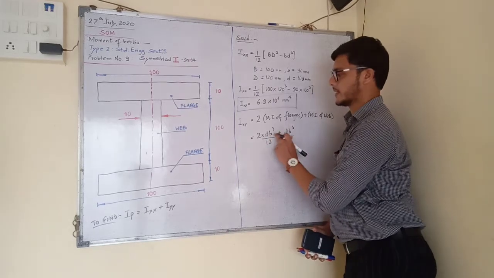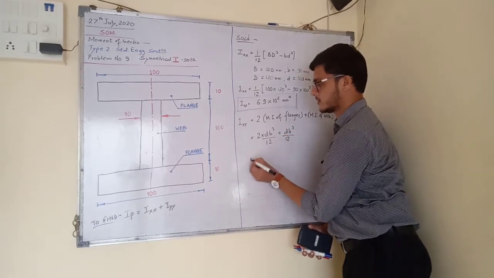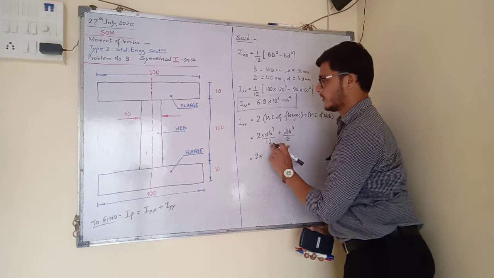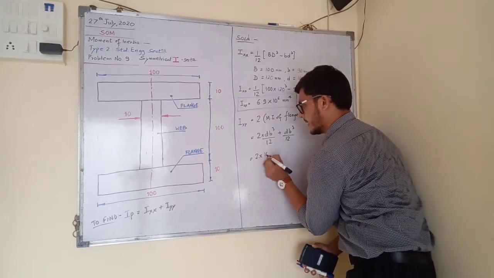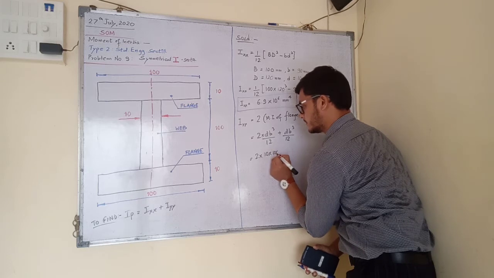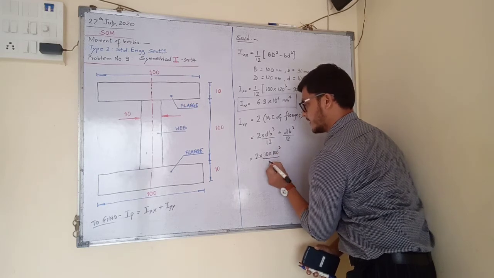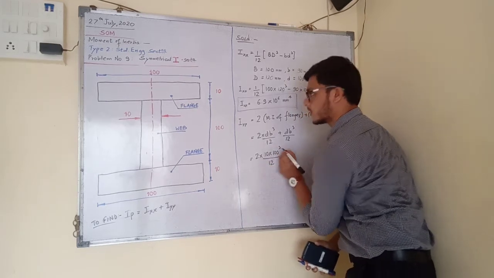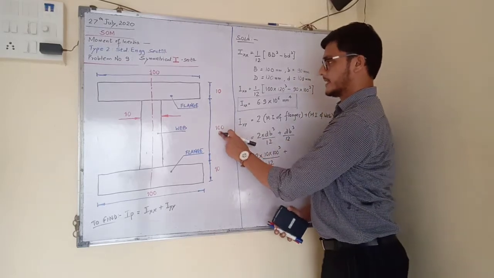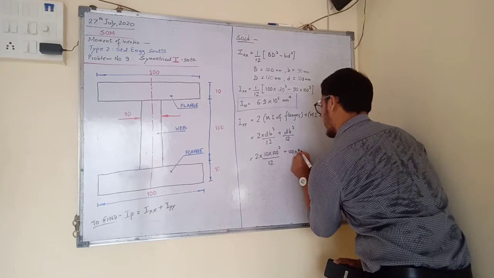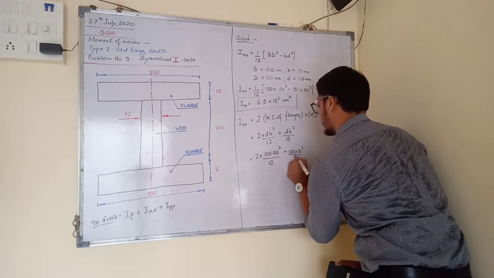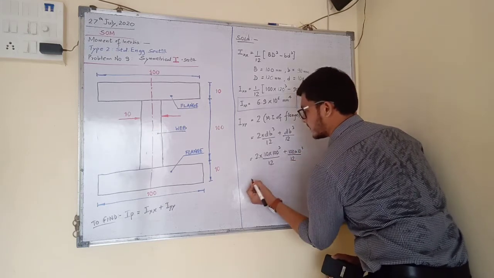So you have to take respective d and b and substitute those values. 2 times of, for flange, d is 10, b is 100. 10 into 100 cube divided by 12 plus for web, d is 100 and b is 10. 100 into 10 cube divided by 12.